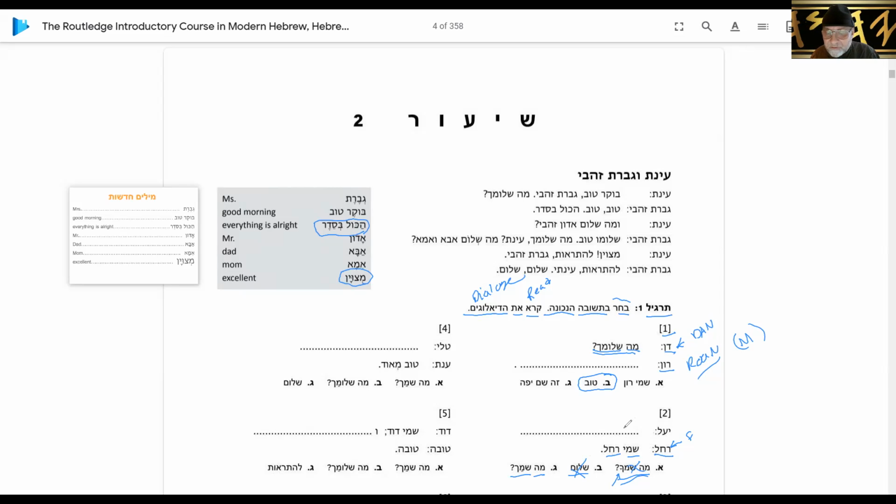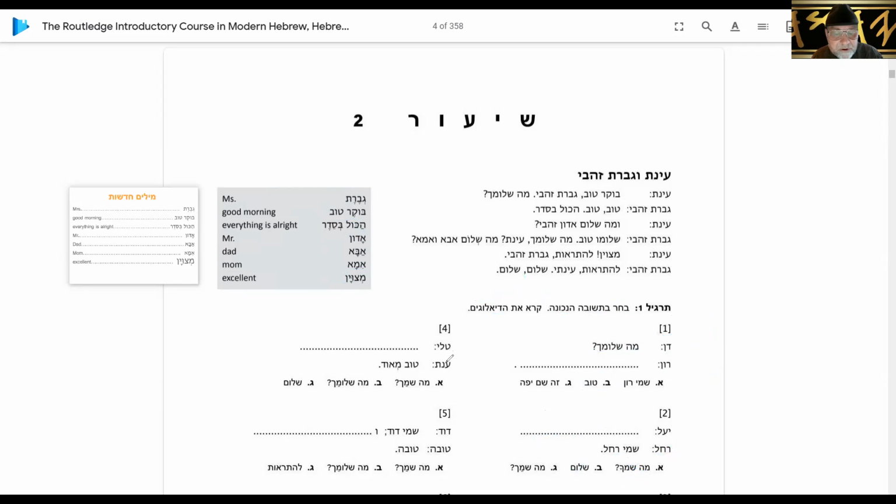So if we put Ma Shemech in there, okay, Ma Shemech, make sure that's got those in there too. So that would make sense, because what's your name? Yael says, what's your name? And Raquel says, Shemi Rachel. My name is Raquel. Okay. All right. I think that'll work.